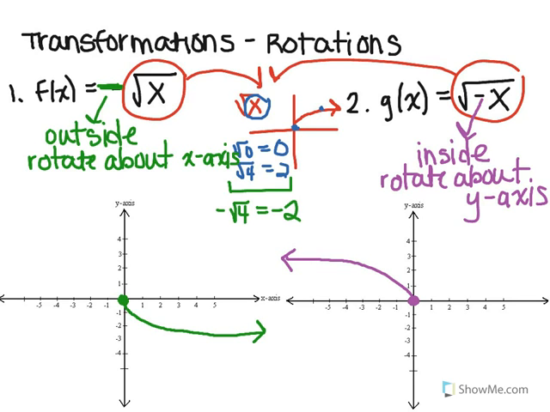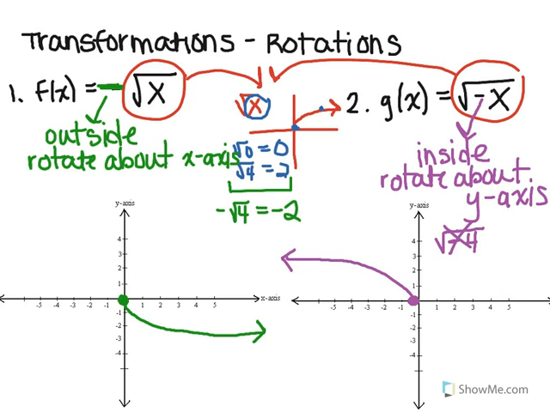And what's happening here is that when we have that negative underneath, now I can't just plug in, let's say, a number like 4, because now we're dealing with a complex solution.